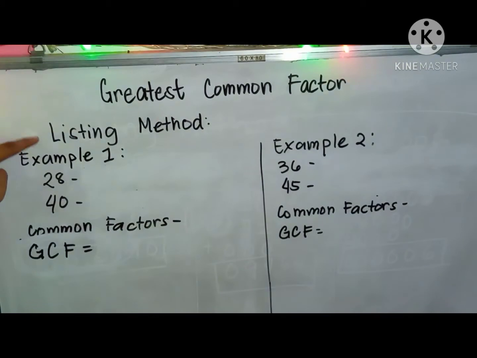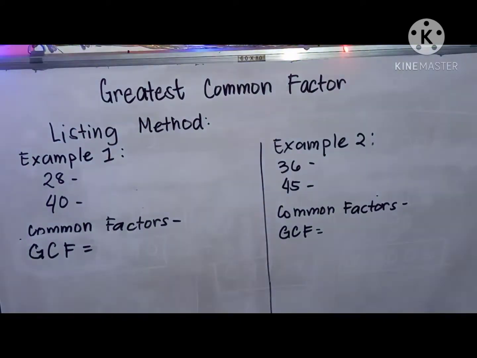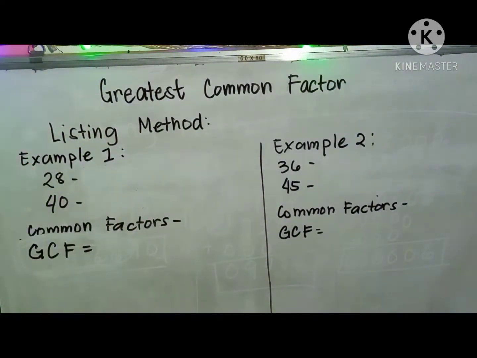When we say greatest common factor, we are going to find the highest factor which is common among the two numbers. In Tagalog, yung pinakamalaking factor na meron silang dalawa. Yun yung hahanapin natin.